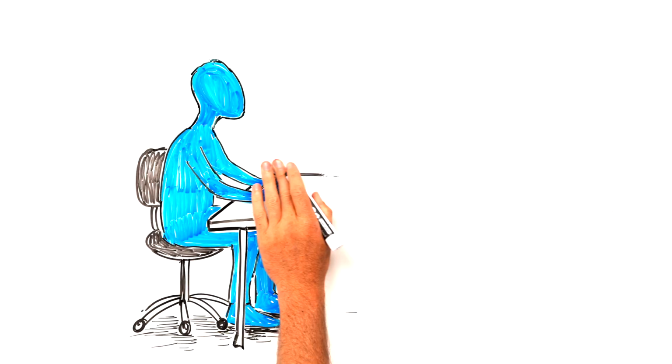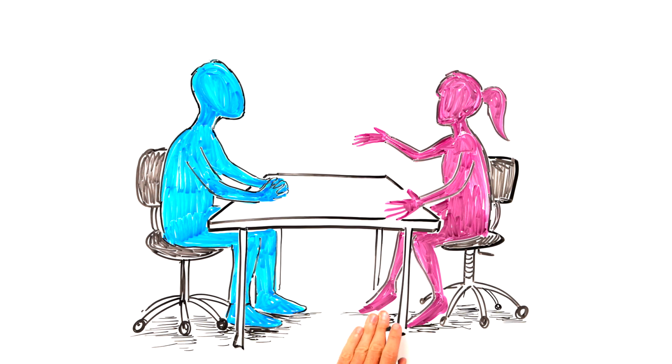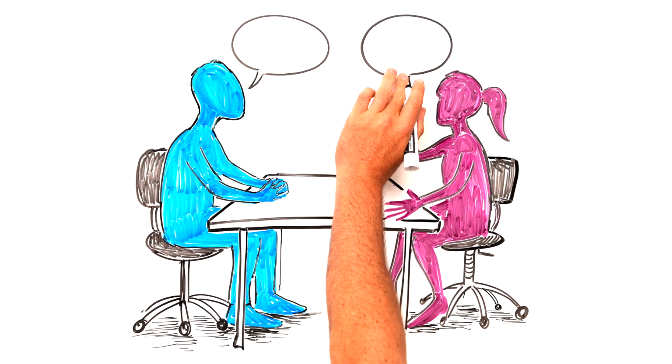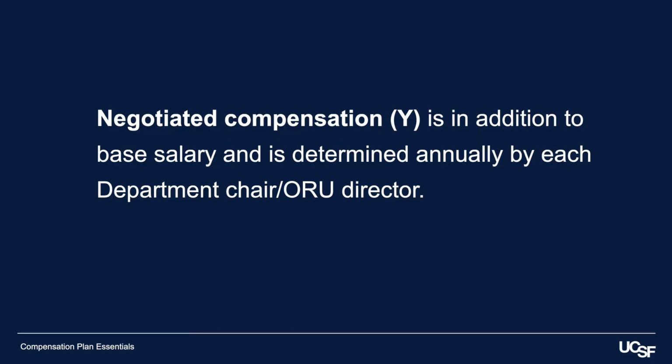All faculty receive a base salary, that X and X prime, and may be eligible for negotiated compensation, administrative stipends, and/or incentive compensation. Negotiated compensation, the Y, is in addition to the base compensation and is determined annually by each department chair or ORU director.